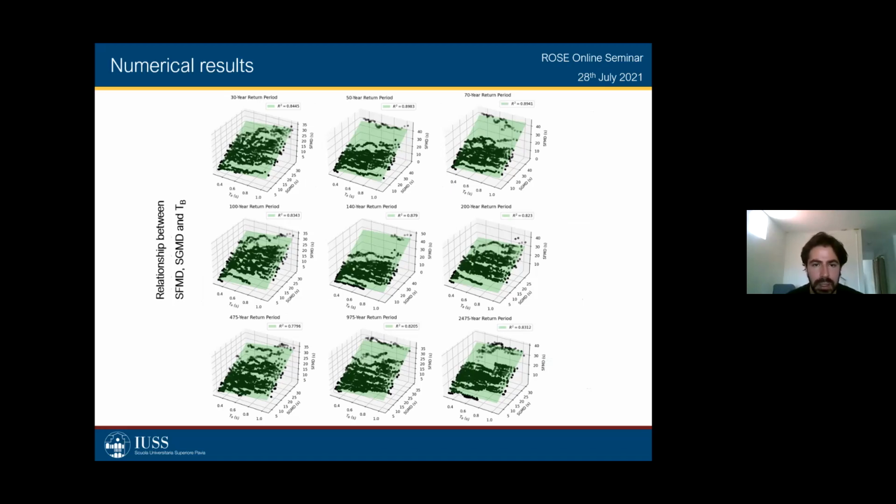So basically, it describes the relationship between these 3 different parameters. The green surface that you see in there is a plane that was fitted to the data, and you can also see the coefficients of determination for each one of these regression models. So I'm going to talk about that in this slide.